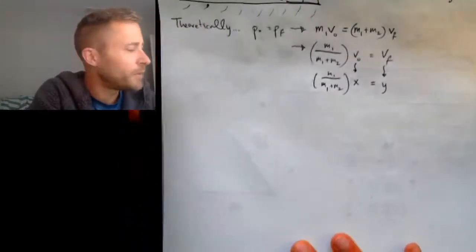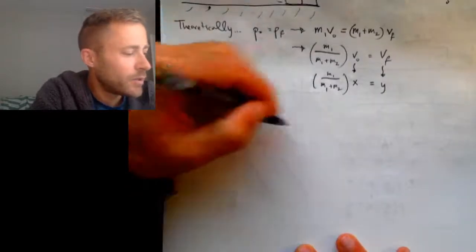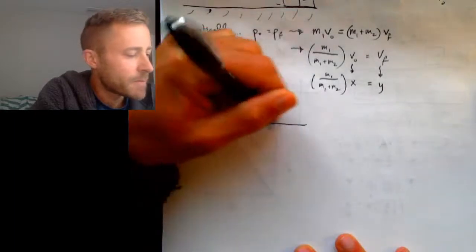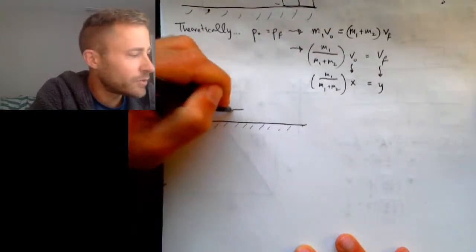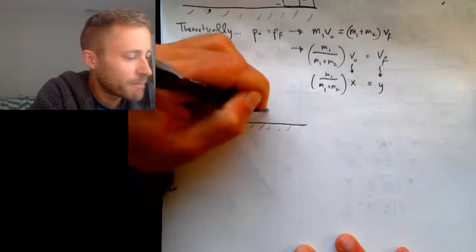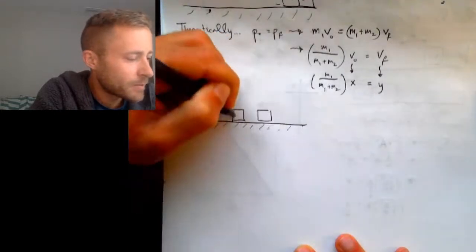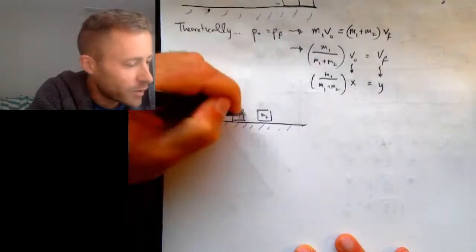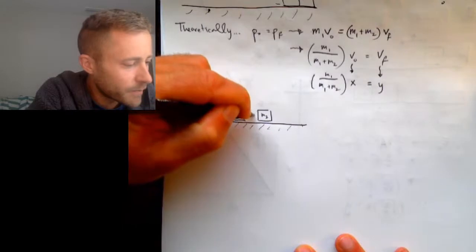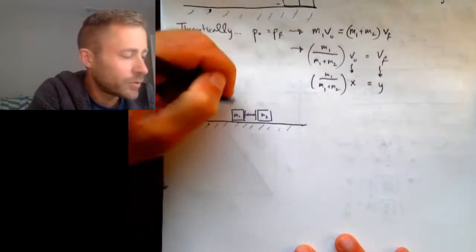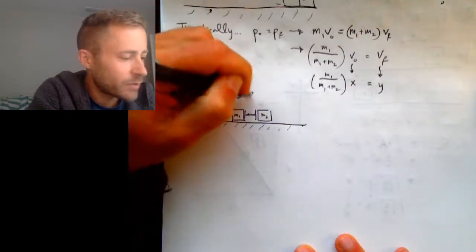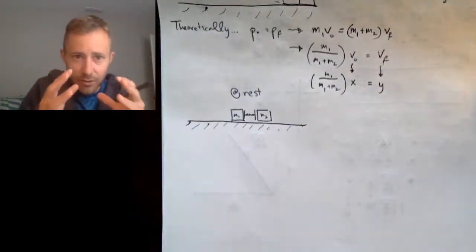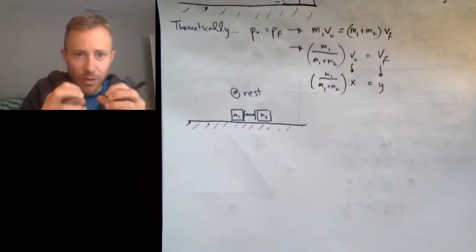Here's another experiment with momentum. You have a system. You have two masses, M1 and M2. And in between those two masses is a compressed spring. The system starts out at rest, but this spring is compressed. It has all this elastic potential energy. It's ready to go.